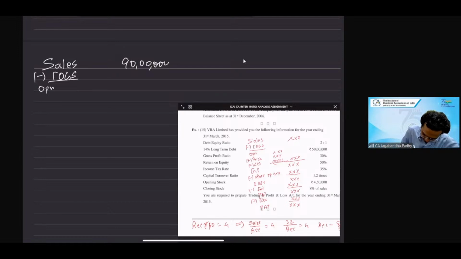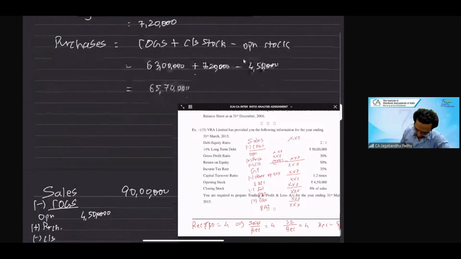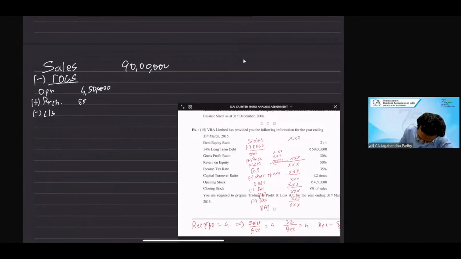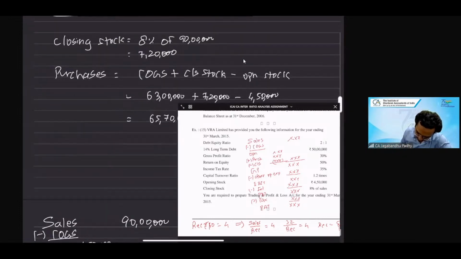You'll have opening plus purchases less closing. Opening stock is 4 lakh 50, and we got the purchases as 65 lakh 70, and closing is 7 lakh 20.